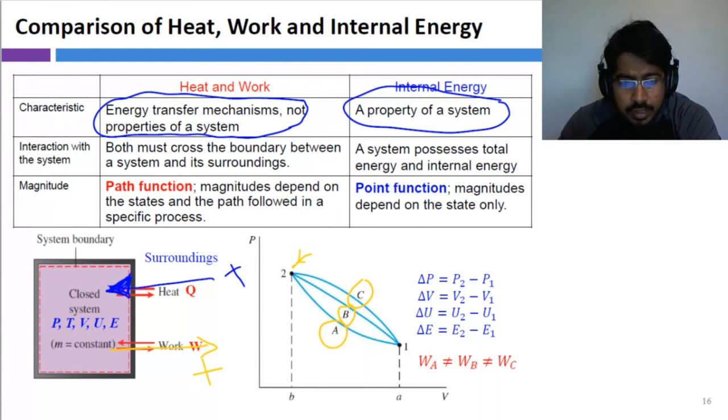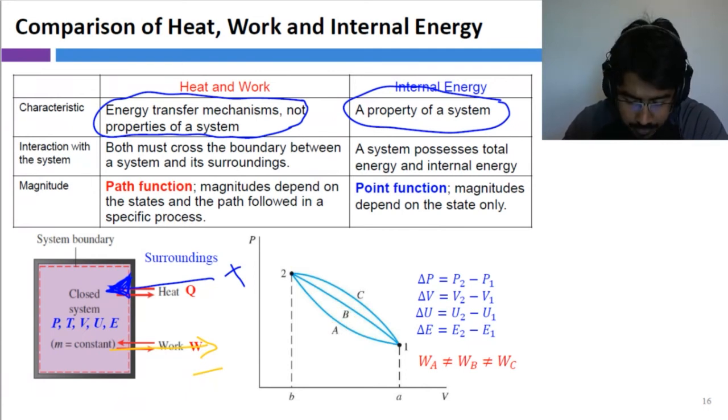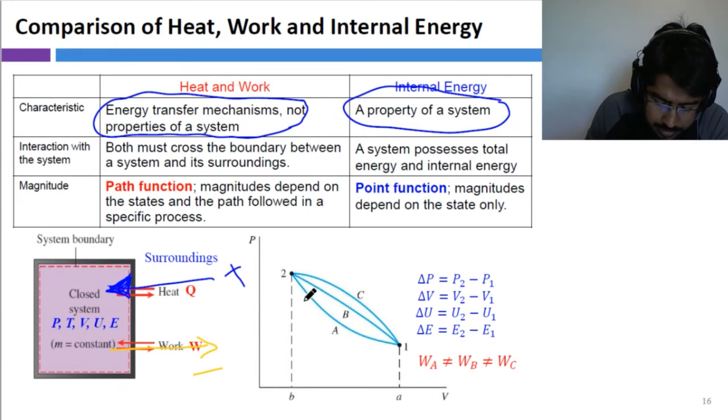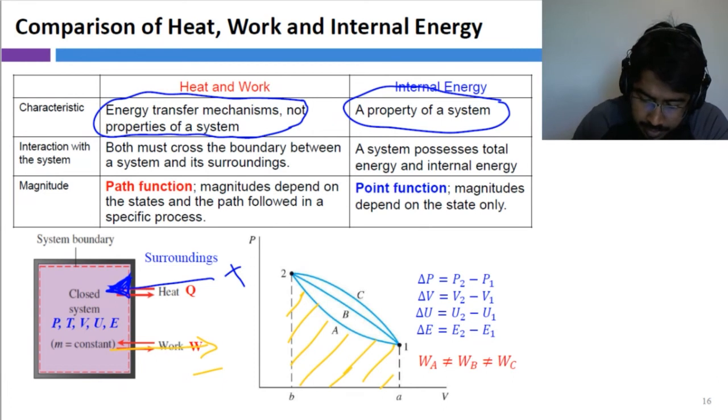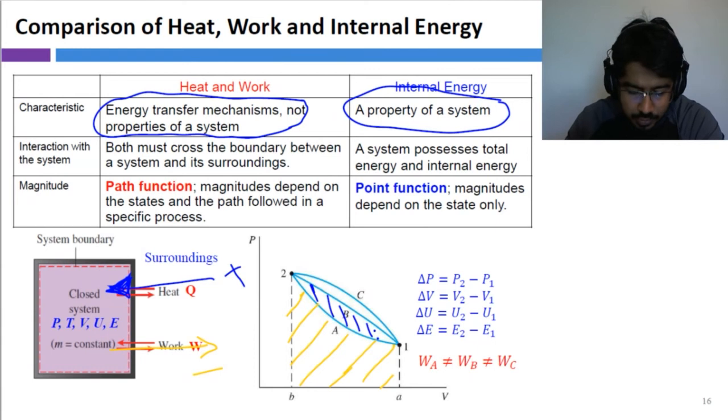But in contrary, if you look at the work done during process A, B, and C, right? So work done in process A can be highlighted as this, right? And if we followed path B, there's some additional work involved, as highlighted in this thing.